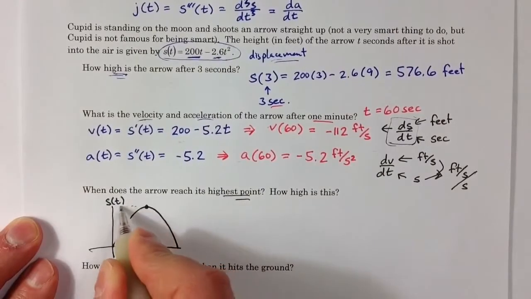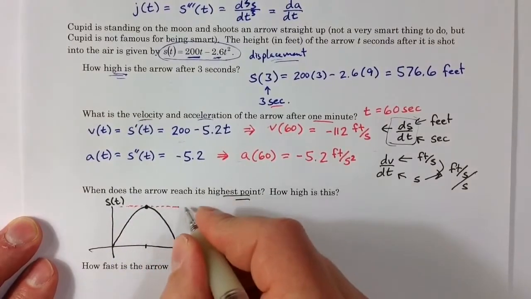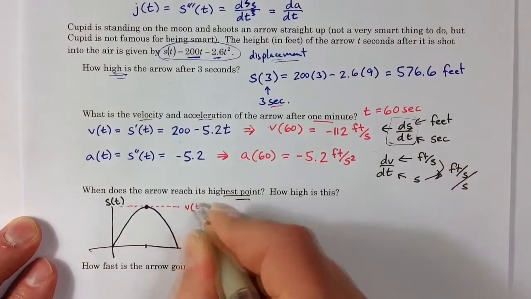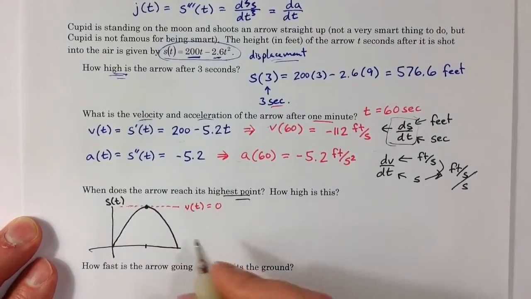But since we're talking about calculus, if you think about derivatives, what is the value of the derivative going to have to be at that highest point? The velocity equals 0. We get a horizontal tangent line at that highest point.